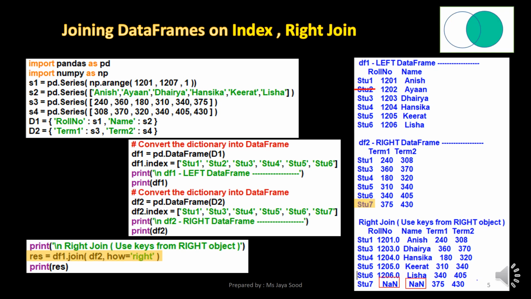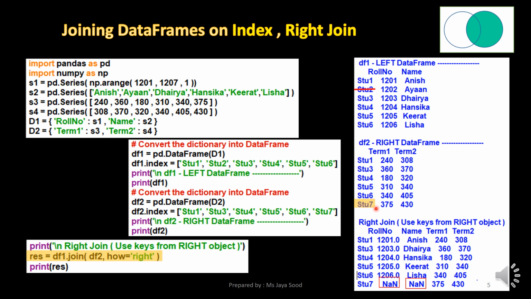Now let us create a right join using the same example. The data frame object res is created by writing the statement df1.join(df2, how='right'). In this join, only the indexes from the right data frame will be used.